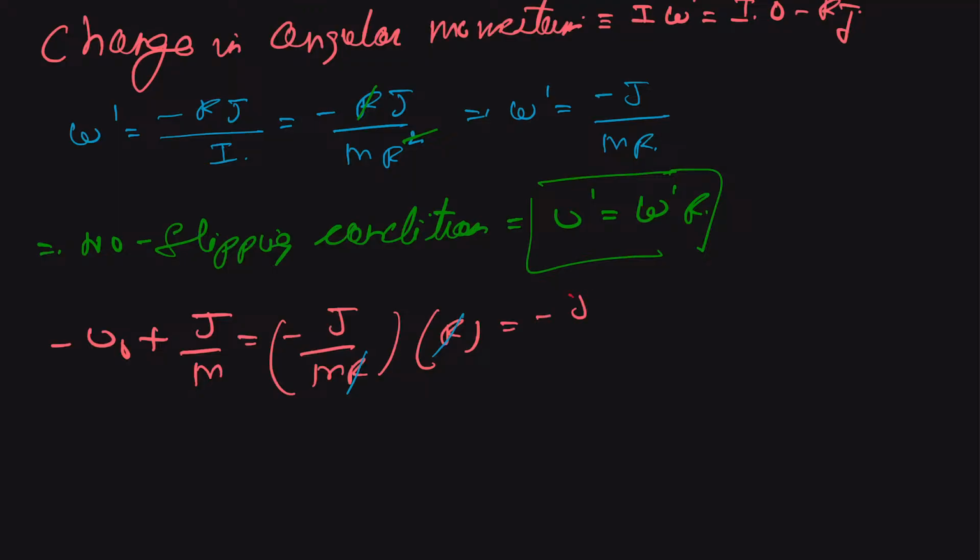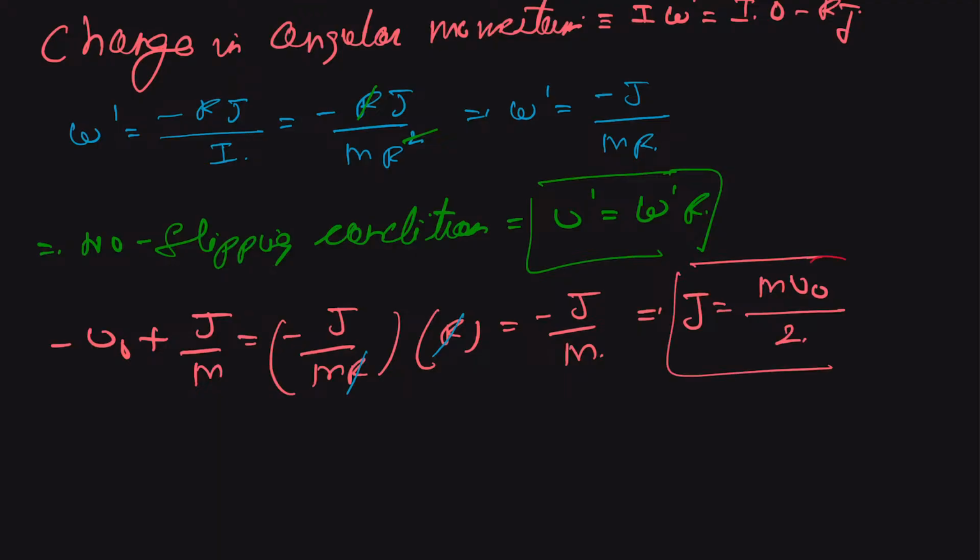This comes as minus J upon M. So you can say that from here J will be, minus minus is plus, 2J, and this will be twice, so this comes as M V naught divided by 2. So this is our impulse.